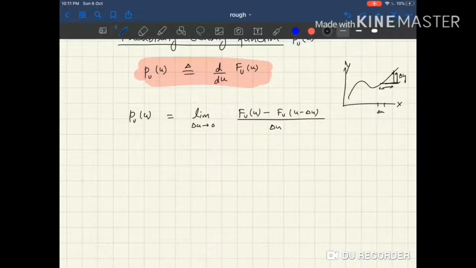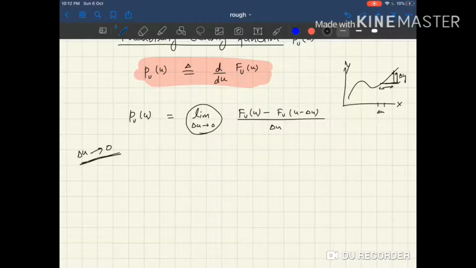You know that well enough, I guess. If I already say that delta u is small, I can stop writing this limit delta u tends to 0 symbol. From now onwards, delta u tends to 0.